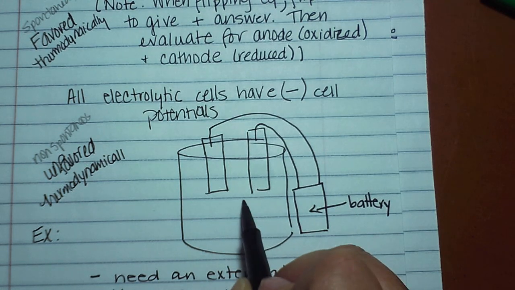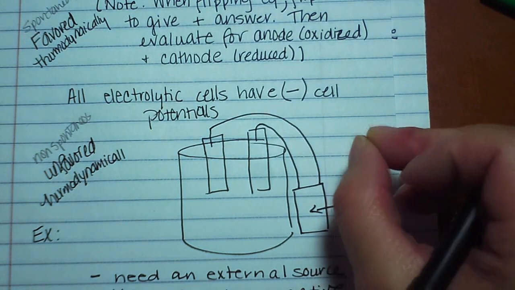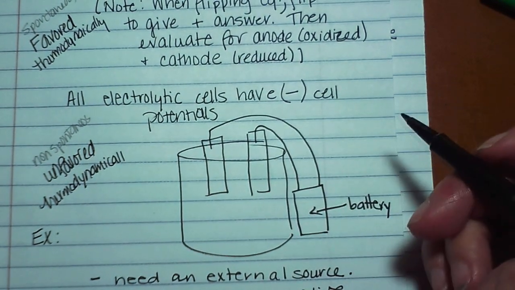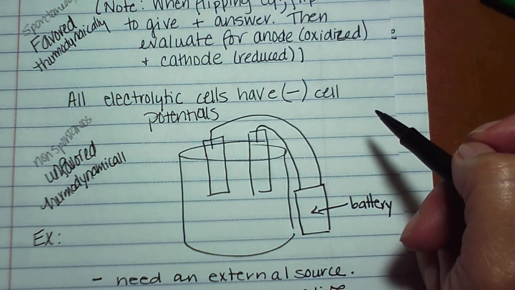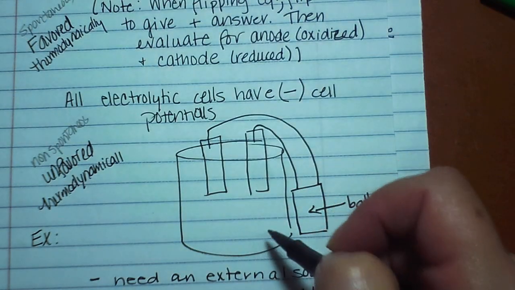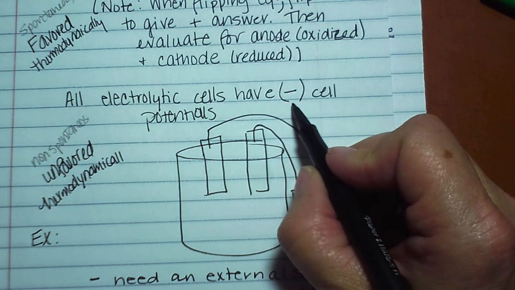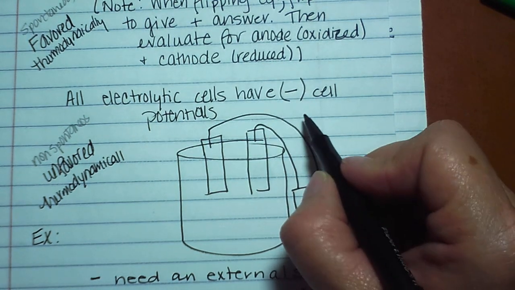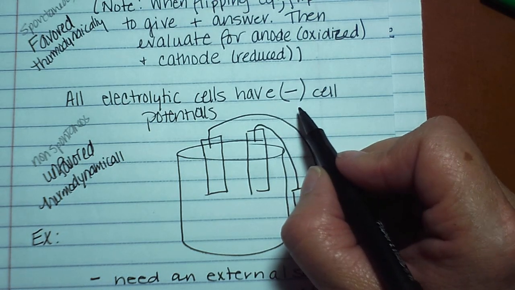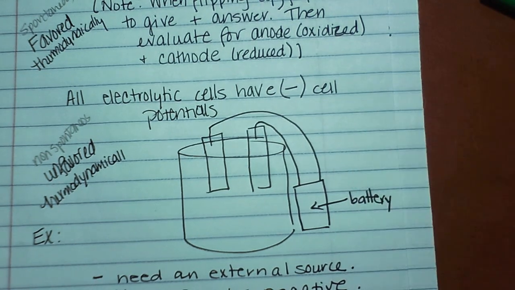We don't do a lot with these in chemistry, but what happened last year was it was an electrolytic cell on the test, and my kids had never seen one because it was in 1 beaker. They looked at it and didn't know that it had to have a negative cell potential. All they had to do was flip the equations so that the cell potential was negative, and they didn't know it. So they flipped it the wrong way.